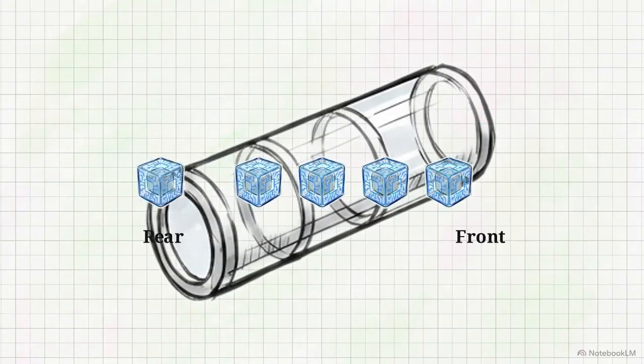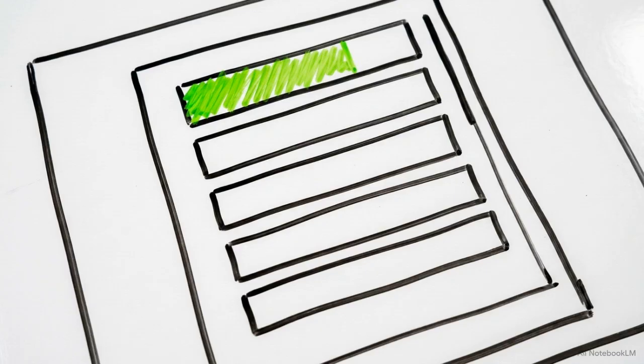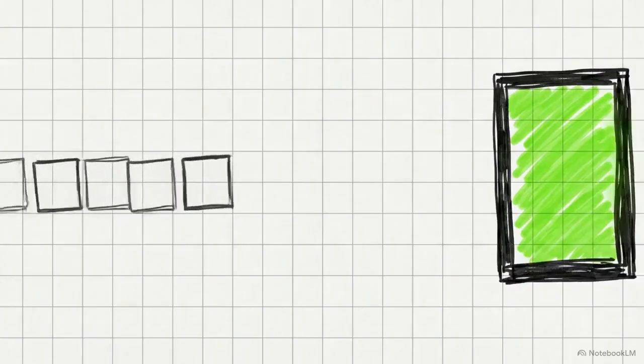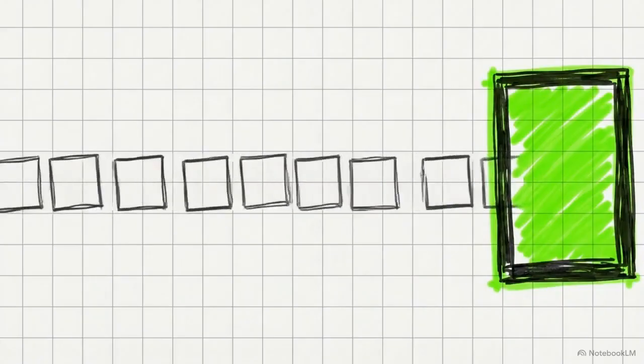Because memory is finite, if the structure fills completely, new data bounces off, causing a queue overflow. This architecture is built for processing tasks sequentially, exactly how a shared office printer handles multiple document requests in the precise order they were received. The directional flow of a queue ensures that data is processed in its original sequence, preventing any single request from skipping the line.